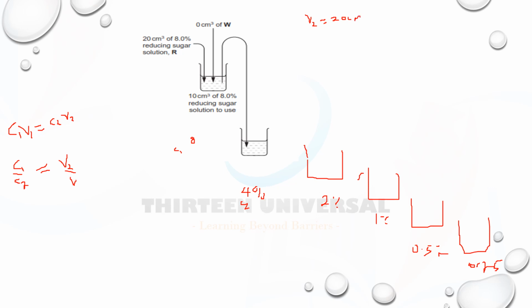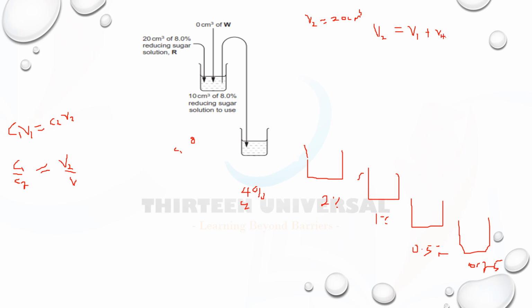Because of this principle that says my V2 will always be equal to V1 plus the volume of water. So V1 is the volume of the stock I'm diluting, but I have to add water to it. Dilution involves addition of water.